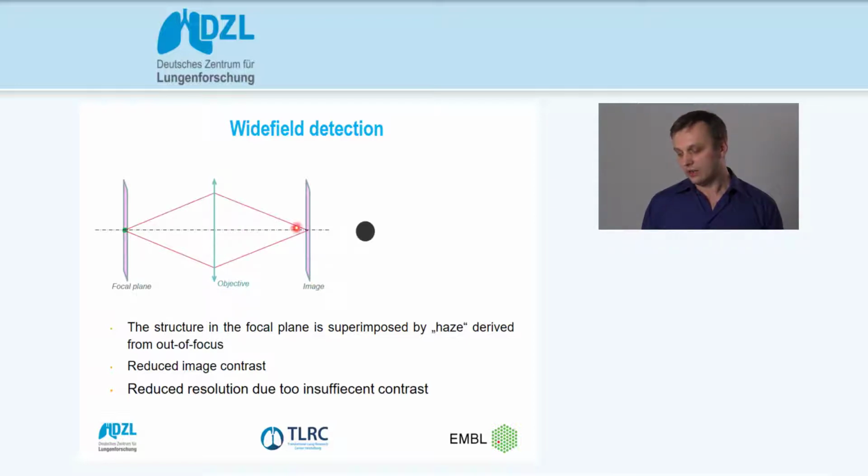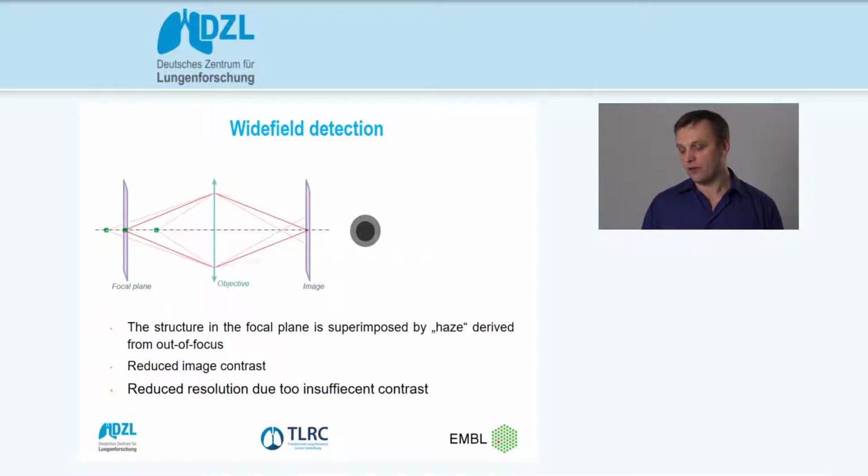When the light goes through the objective, in the image it will be represented by a nicely focused dot. However, at the same time, objects which are out of the focal plane might exist in the same specimen. These objects will result in the image plane in scattered light, which will add haze to our image.